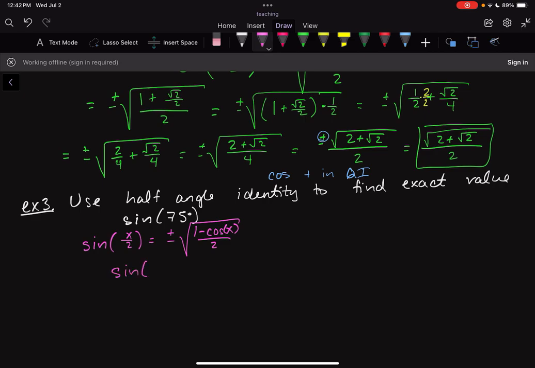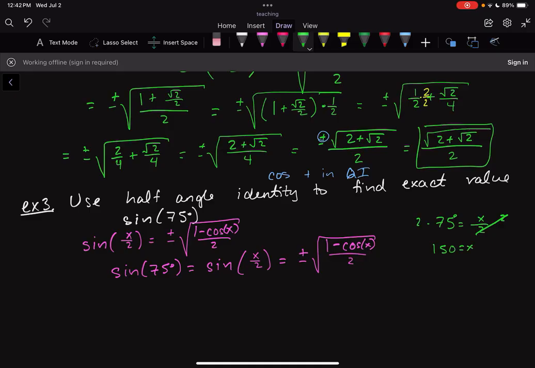So I have sine of 75 degrees is equal to sine x over 2, which would be equal to the other side of the identity, which is what I actually want to use, but I need to know my x value. So to find my x, I need to find out what would I divide by 2 to get 75. So I like to set it up as an equation, and I get 150. So my x should be 150.